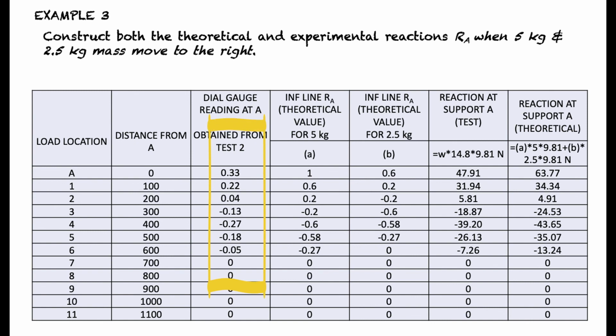So in the data sheet, it is from test 2. The readings were obtained from each dial gauge. The example shown here is only for RA, so you need to calculate the rest for RB and RC.